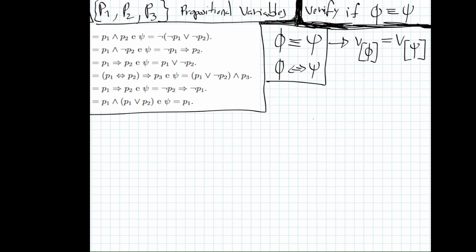Actually, I've just remembered. First off, no, this is false. It's not the valoration, it's the semantic valoration.